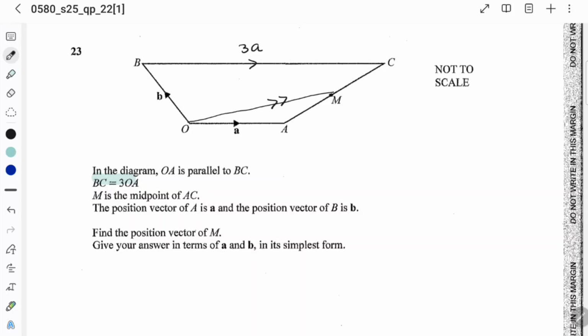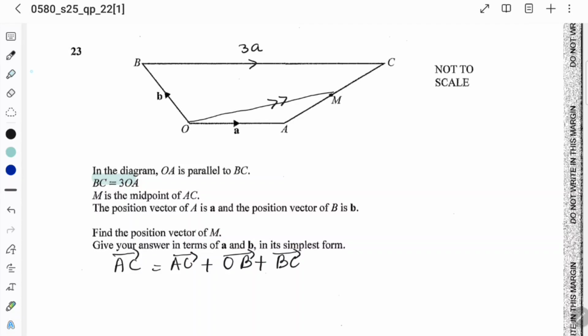So OM is equal to OA plus AM. First we find AC, then it's easier for us to find AM. So AC is equal to AO plus OB plus BC.